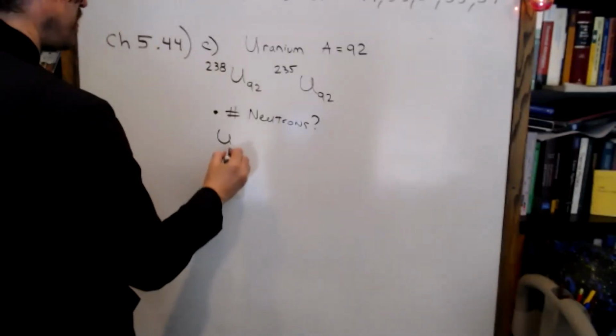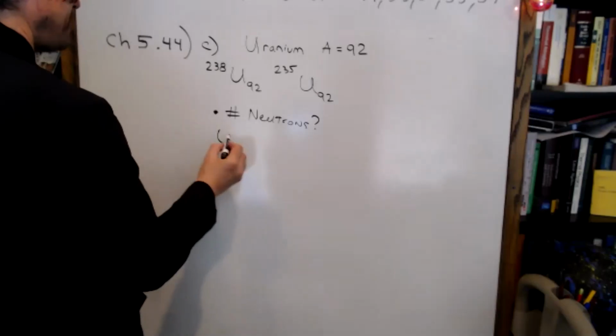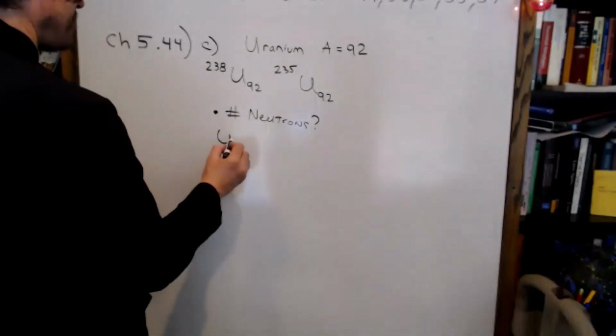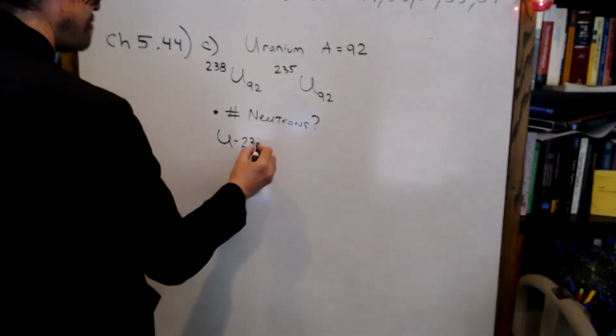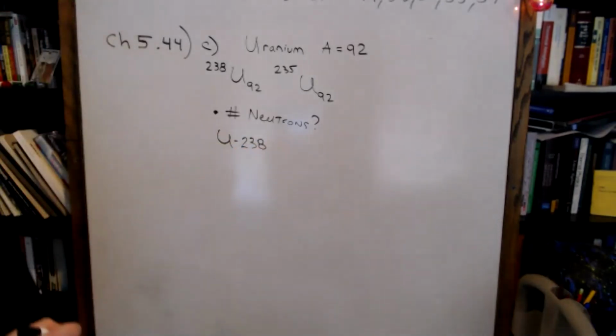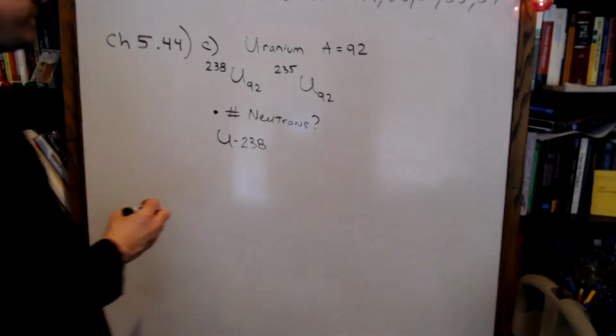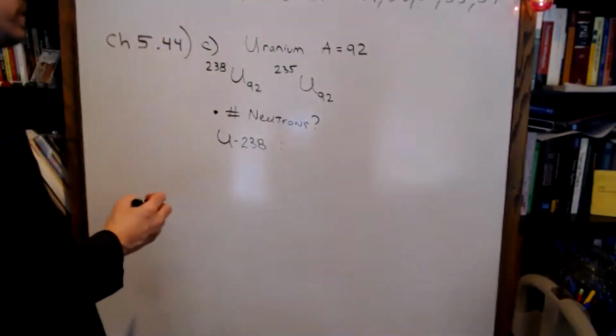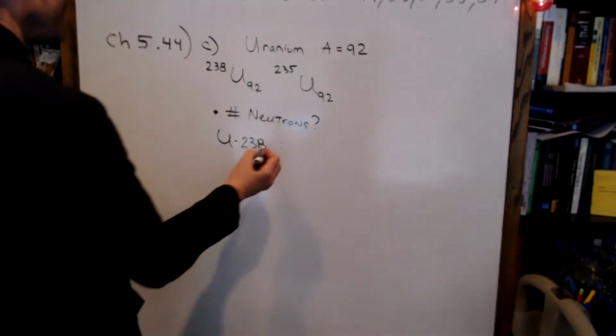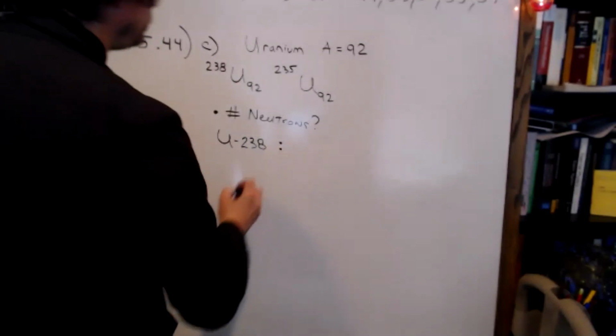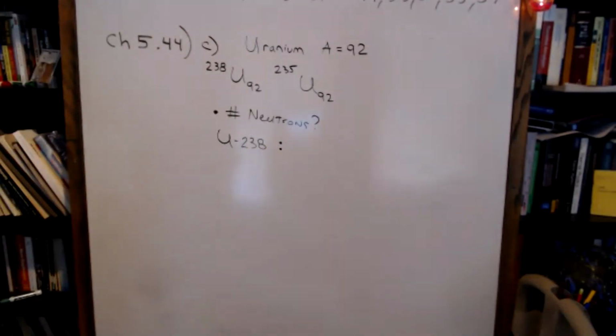Okay, let's start with U-238. How many neutrons? You're basically doing exactly what you did in the last problem.